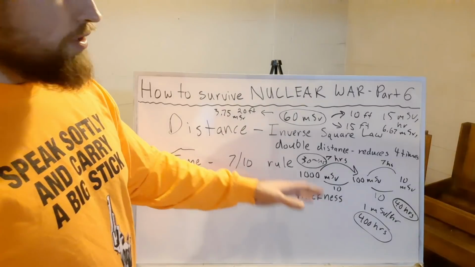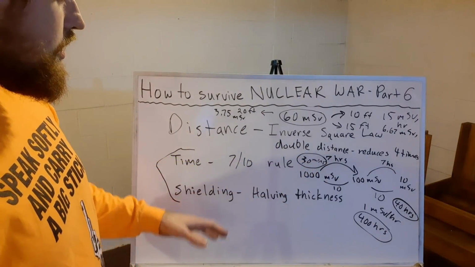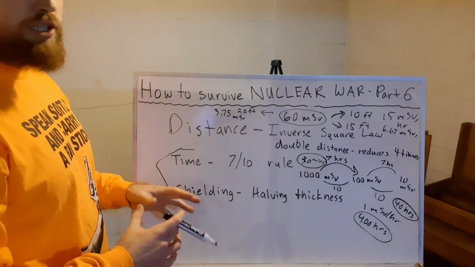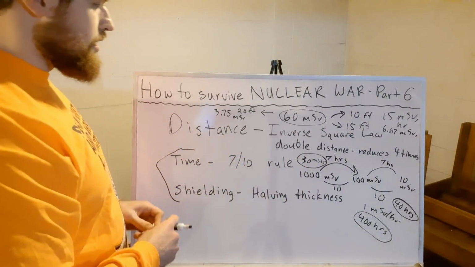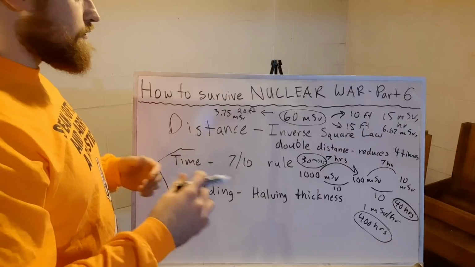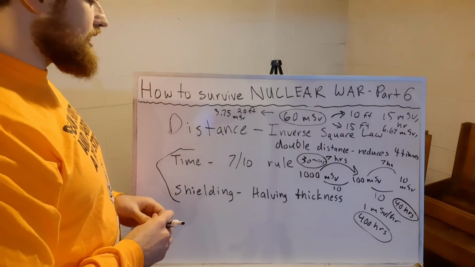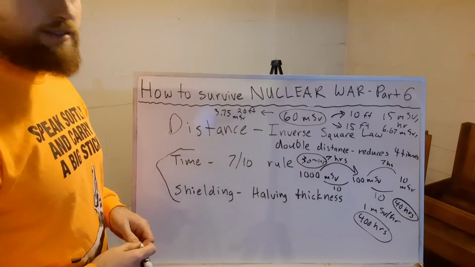So as you see, sheltering is critical. You have to have a suitable shelter so you can wait out the fallout, okay? You have to give it enough time for the fallout to break down and decay, okay? That's called radioactive decay.